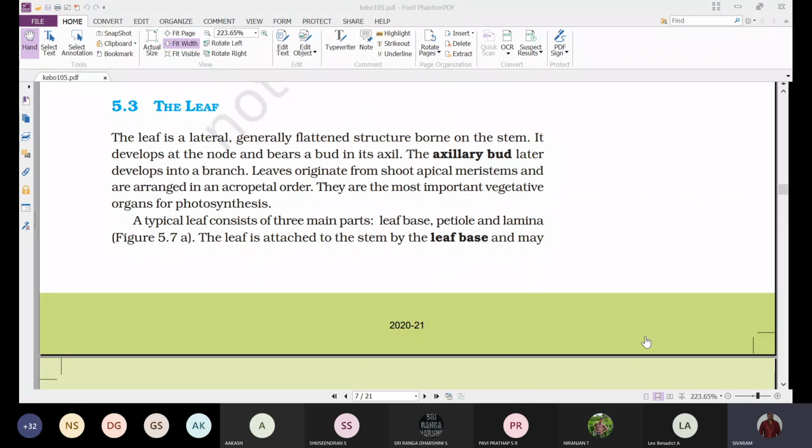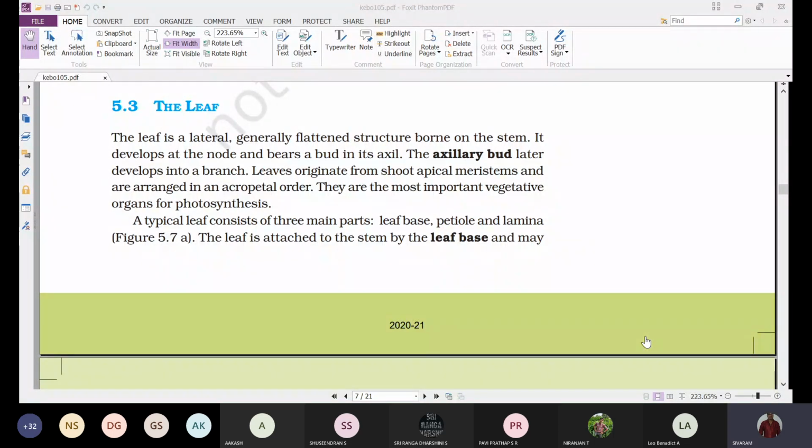And what is the function of this axillary bud? It has different functions depending upon the requirement of the plant. In most cases the axillary bud develops into a branch.